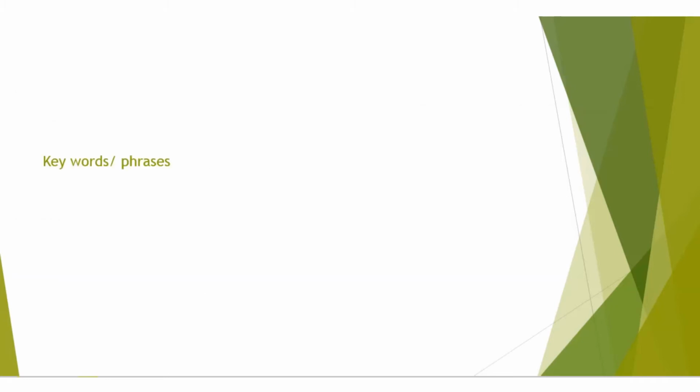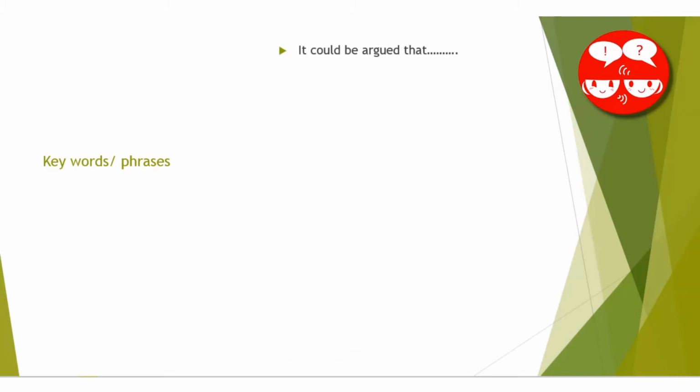Now let's look at some more examples, but in these examples we're going to see the particular words or phrases that are used which would indicate to the examiner that you are making an analytical point. So one way, like the example we've just seen, is by starting with the words "it could be argued that."